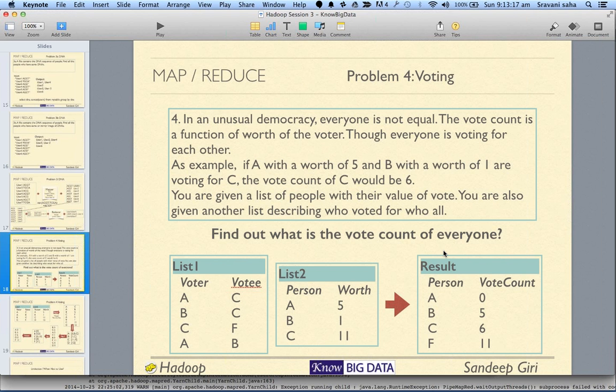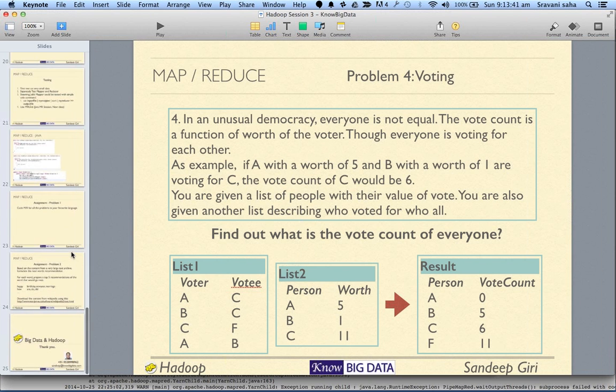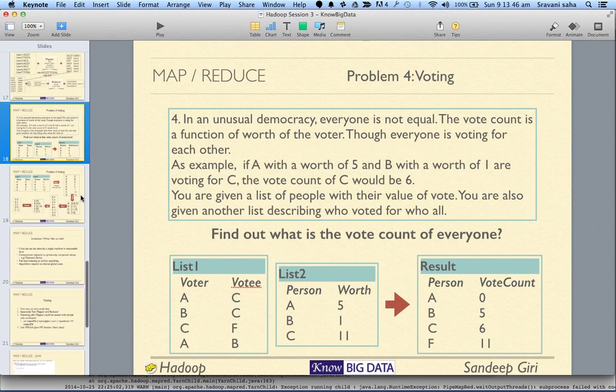You join it, group by it, and then sum it up. That's all you need to do in the case of SQL. Now how do you do it using MapReduce? Anybody?